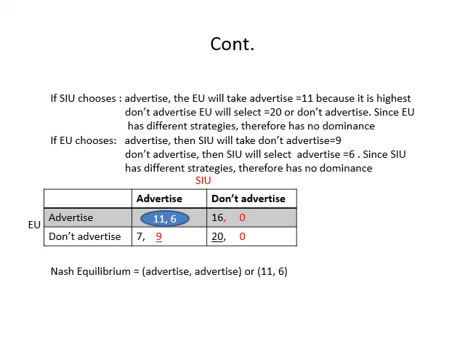Since SIU has different strategies, therefore it has no dominant strategy. The Nash equilibrium is to advertise for both of them, or 11 and 6.